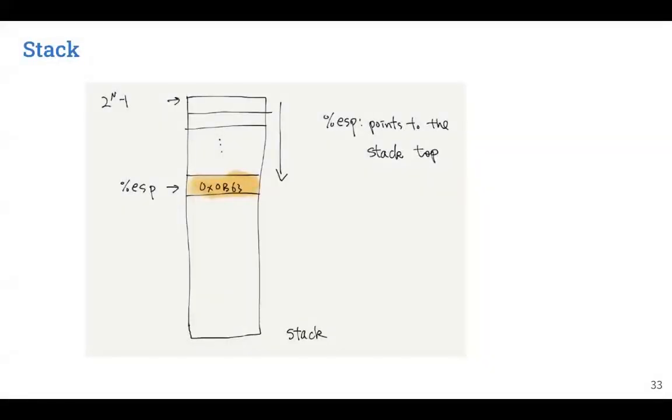Before we go on to the switch thread function, I'll give you a brief recap of the stack. As you probably all know, the stack grows from top to bottom, from high address space to low address space. RSP for 64-bit, ESP, is the stack pointer, and it points to the stack top.